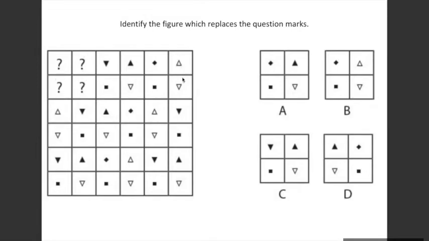Any particular pattern you are able to find in these boxes where the symbols are given? You have to first look for patterns in these kinds of questions. So are you able to find any kind of patterns here?